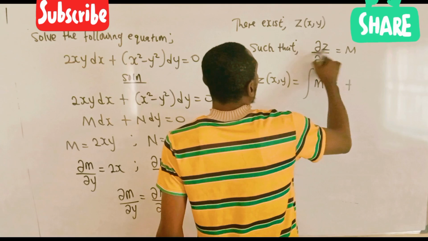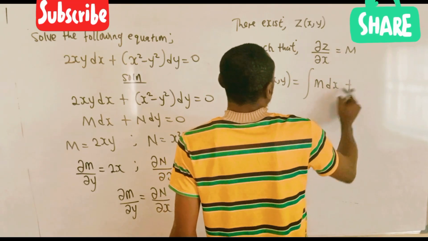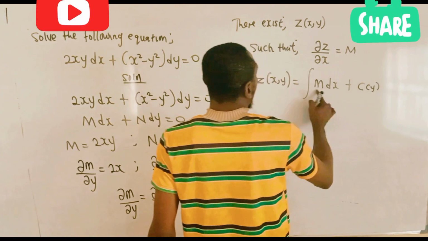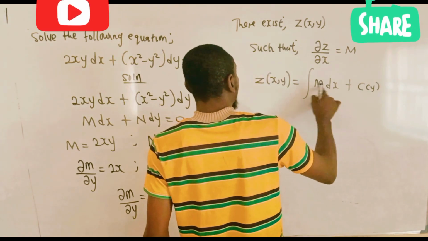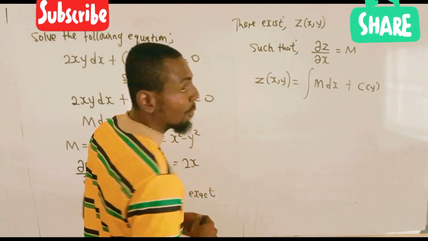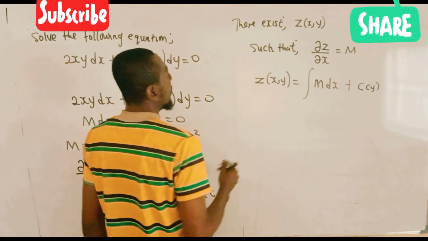The constant after integration is c of y, because the integral is with respect to x, keeping y constant, so the constant will be a function of y.